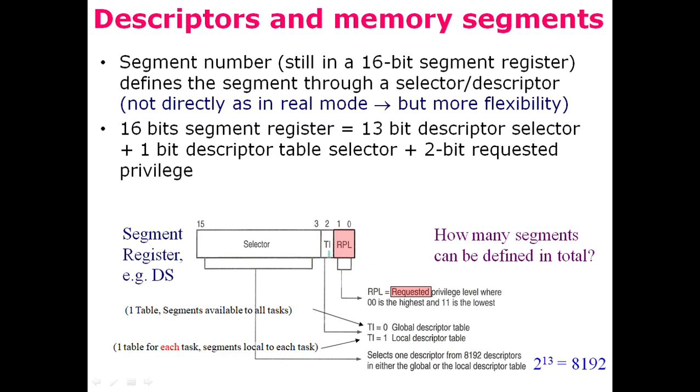If the value of this bit is 0, then this gives us the global descriptor table, and if it is a 1, then it gives us the local descriptor table. A global descriptor table describes segments that are available to all tasks, for example, system applications.